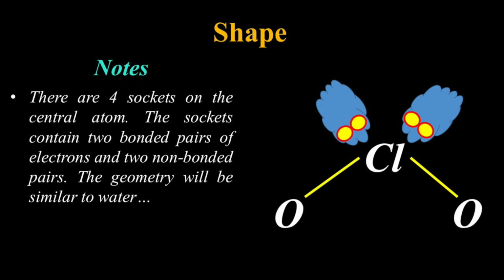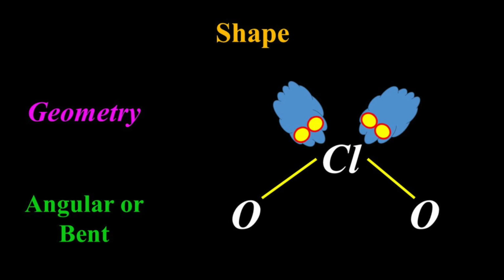Just the same exact thing as water. So we've seen this before, angular or bent, and it will most definitely have dipoles and no symmetry, and we will be yes to polarity.